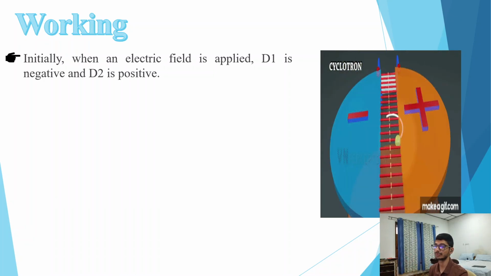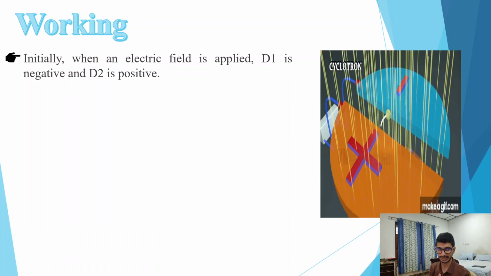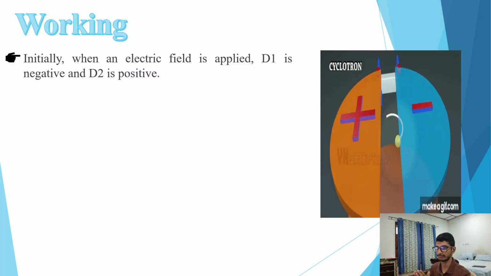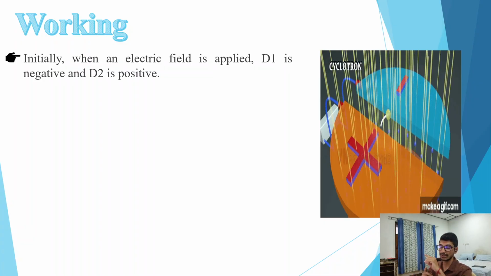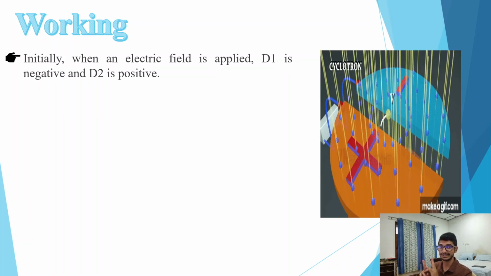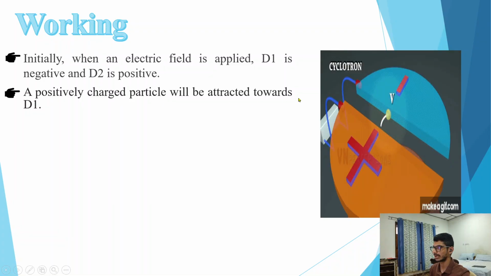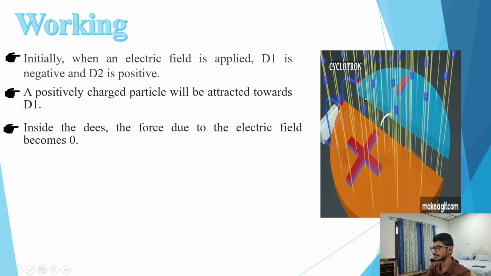At the same time, the polarity of the Ds gets reversed, like when D1 is negative, D2 is positive. But when the positively charged particle describes the semicircle, the polarity of the Ds gets reversed in the same time. So a positively charged particle will be attracted towards D1, as I discussed.